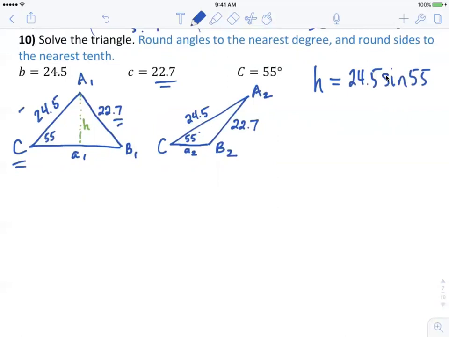Okay, and that height turns out to be, let's see, about 20.1. Which is less than the 22.7, which means that 22.7 is long enough to create the triangle. And in fact, you can create two triangles because that opposite side, 22.7, is bigger than the 20.1, but less than the 24.5. That tells you two triangles.